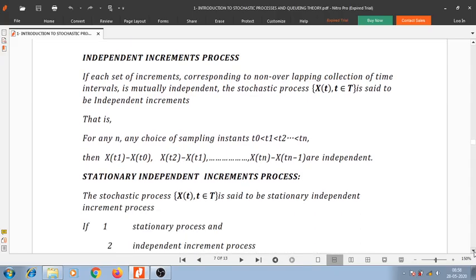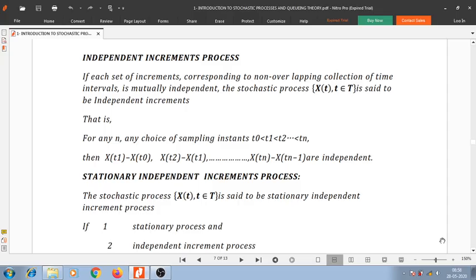Okay? Right. Independent increments. In independent increments, suppose we consider the time axis. Time points are t0, t1, t2, etc., tn. At t0, the realization of the stochastic process is X of t0. At t1, the realization is X of t1.